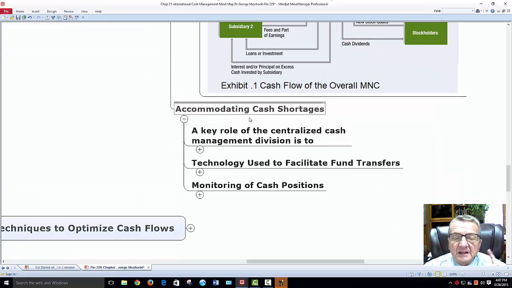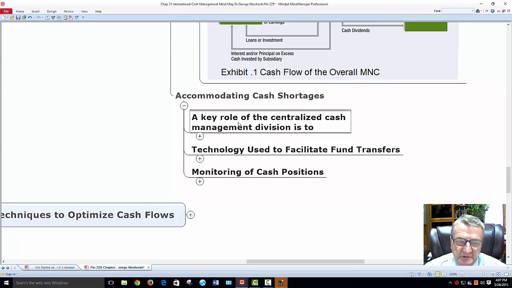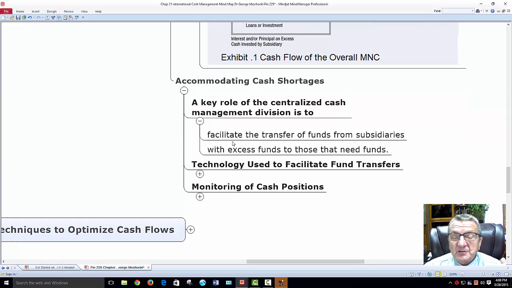Accommodating cash shortages. The key role of the centralized cash management division is to facilitate the transfer of funds from subsidiaries with excess funds to those that need the funds. No different than if one of my siblings or partners needs money, I just move it from one account to the other. Think of parents and kids, or friends.